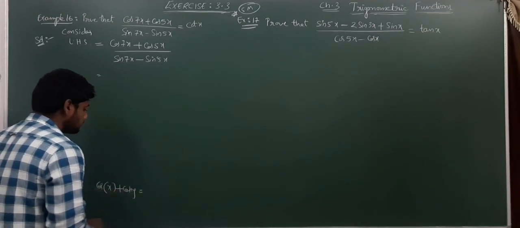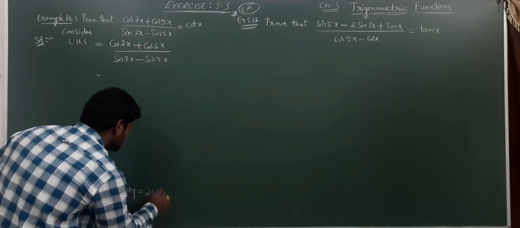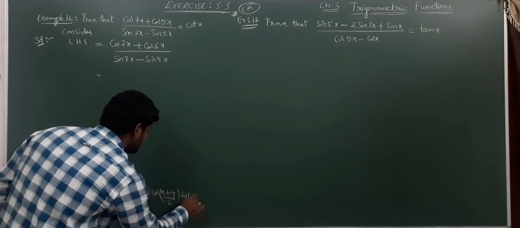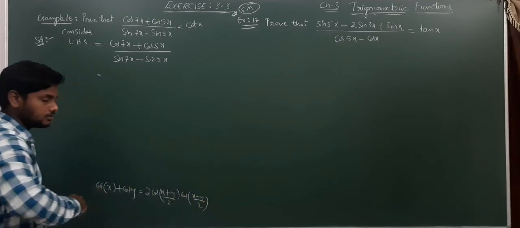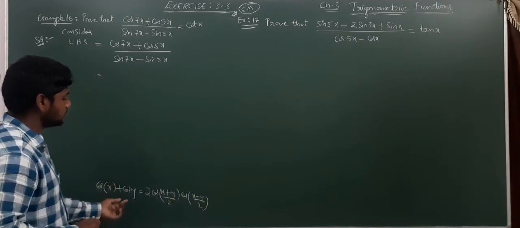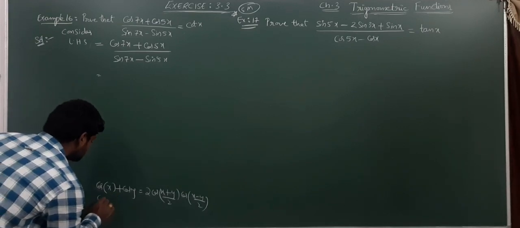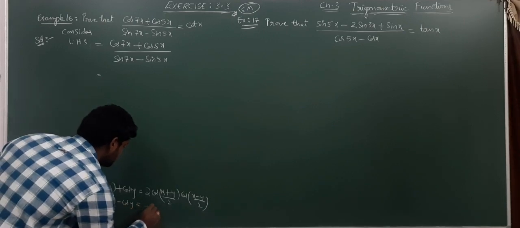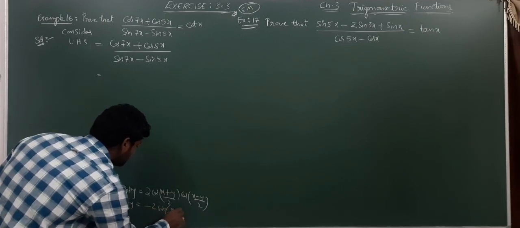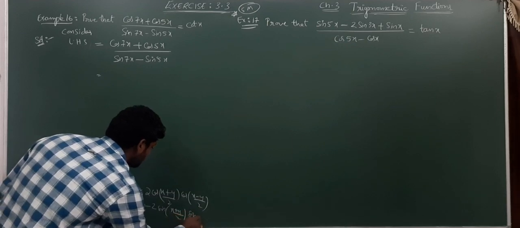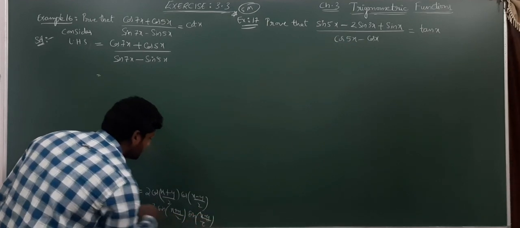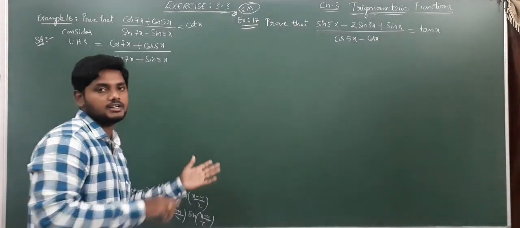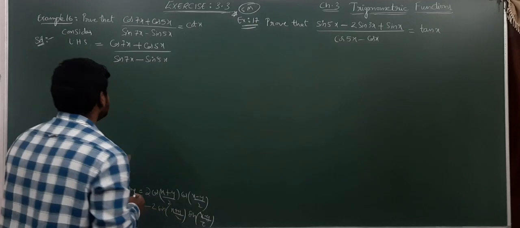So cos x plus cos y is the formula 2 cos (x plus y) by 2, and again cos (x minus y) by 2. And when it comes to cos x minus cos y, the formula is minus 2 sin (x plus y) by 2, and again sin (x minus y) by 2. And for sin x plus sin y, in the previous problem we have done the sin a plus sin b formula. So we will substitute those here.